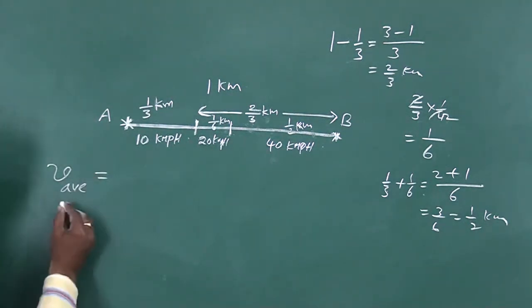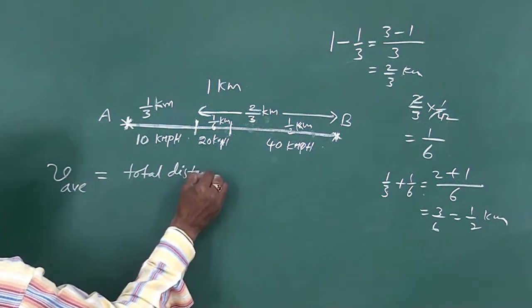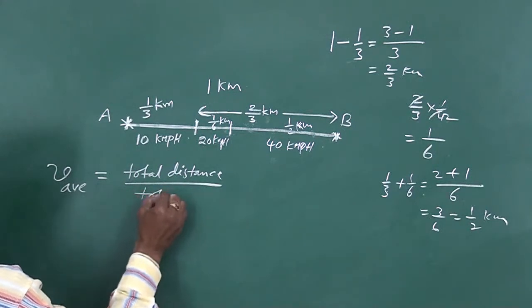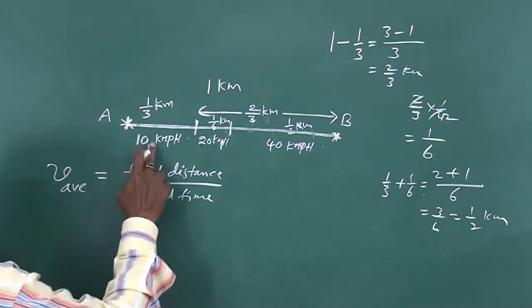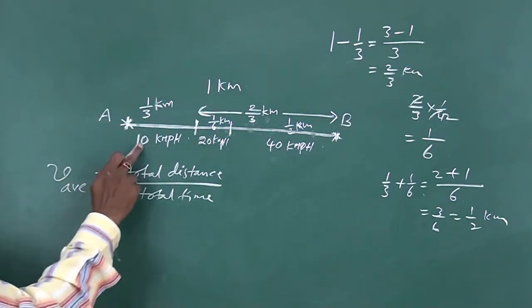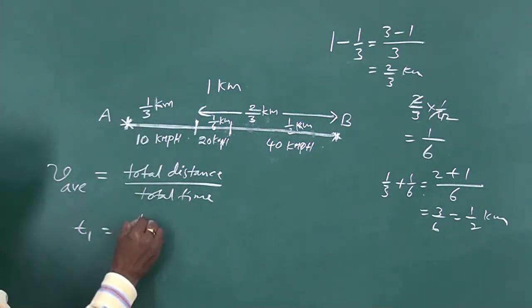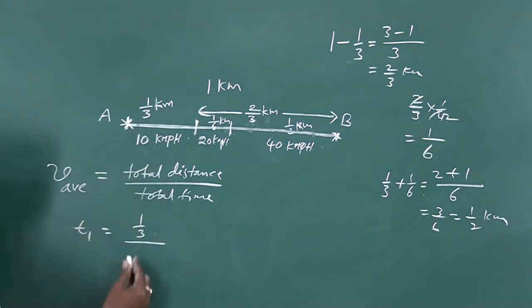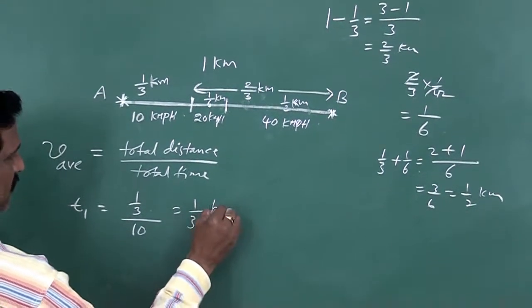So average speed is equal to total distance by total time. Again you have to calculate times here. In the first part, time taken t1 equals distance by speed. Here distance is 1 by 3, speed is 10. So 1 by 30 hours.